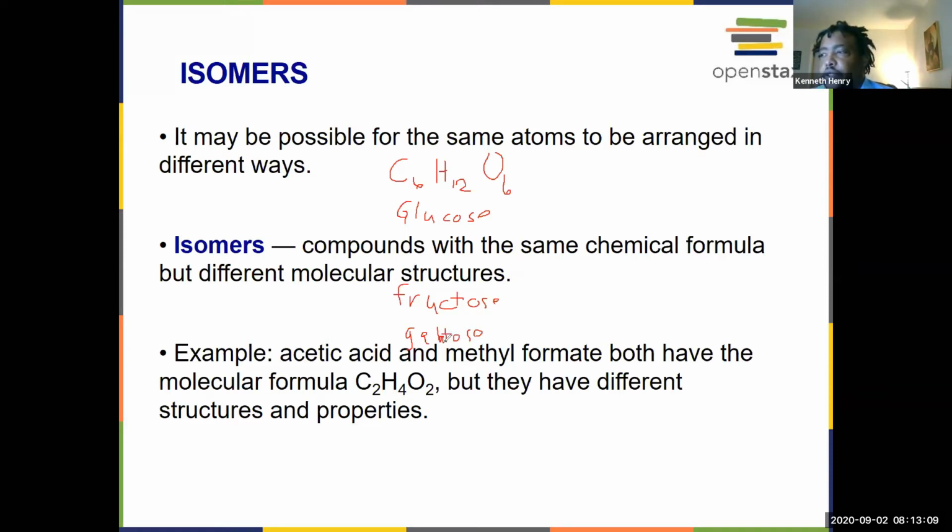It could be galactose. It could be arabinose. So it could be any of these forms of sugars. So these sugars are going to differ from each other by their structure, right?